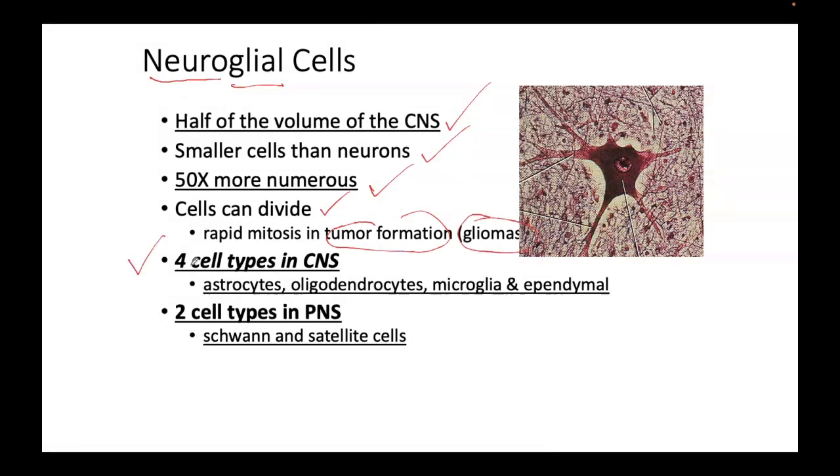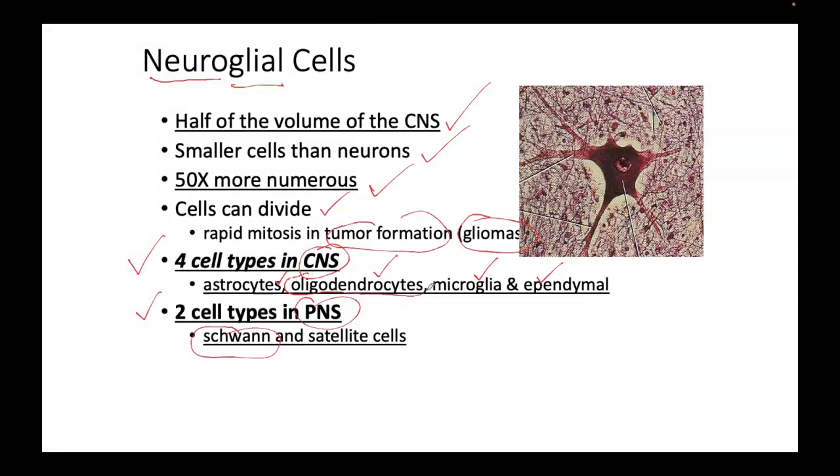Now, there are four types of neuroglial cells in the central neural system, and there's only two types in the peripheral neural system. We're only really going to focus on one of those two. So we have astrocytes, oligodendrocytes, microglial cells, and ependymal cells. Those are in the CNS.